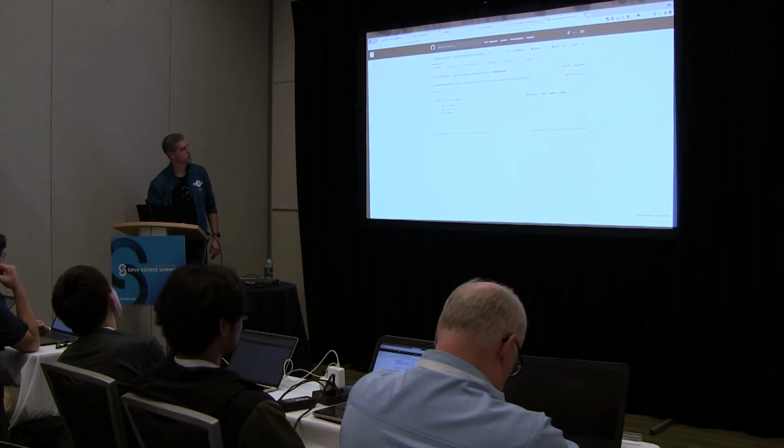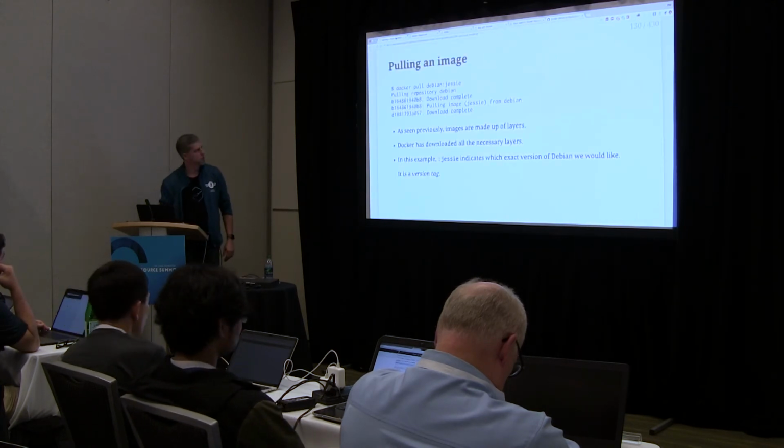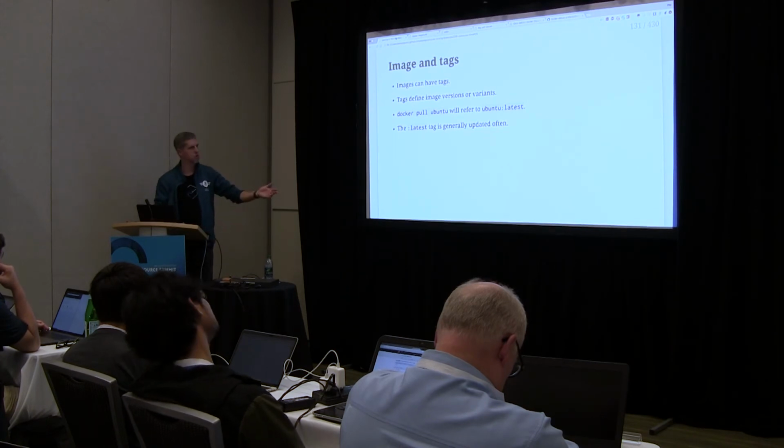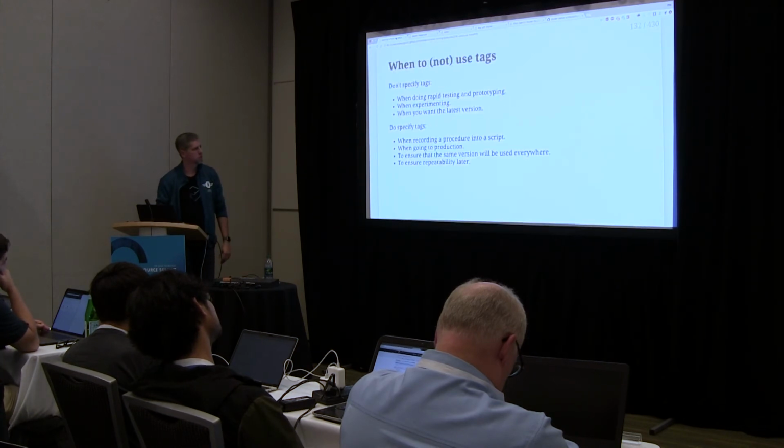So that's obviously a very, very simple image. So yeah, we talked a little about tags. When I'm talking about the official images, latest is always updated to point to the latest stable supported image.